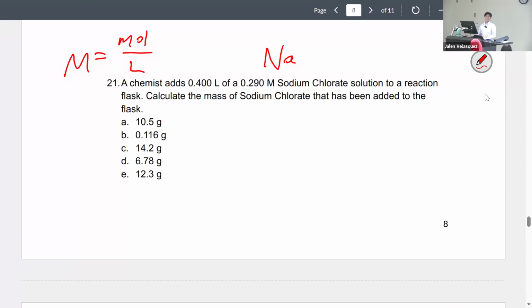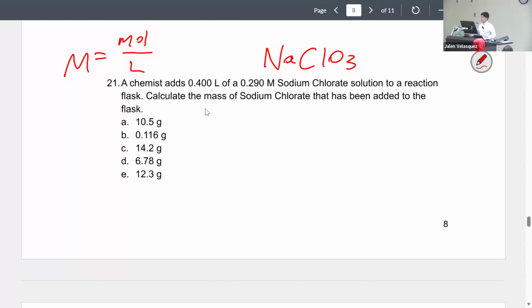Chlorate's a polyatomic ion, yes, ClO3. Please make sure we're memorizing the polyatomics, because if you don't know this, you can't answer. And this is an exact question from last semester's test.